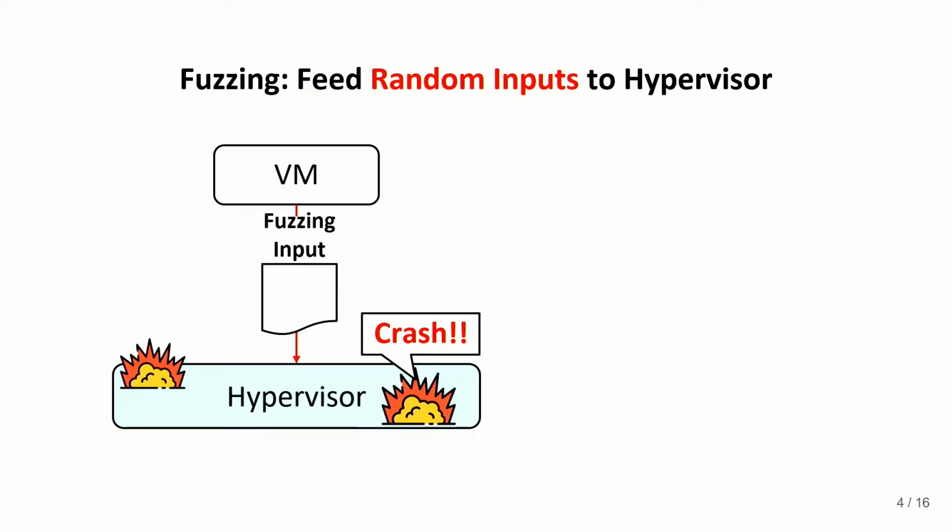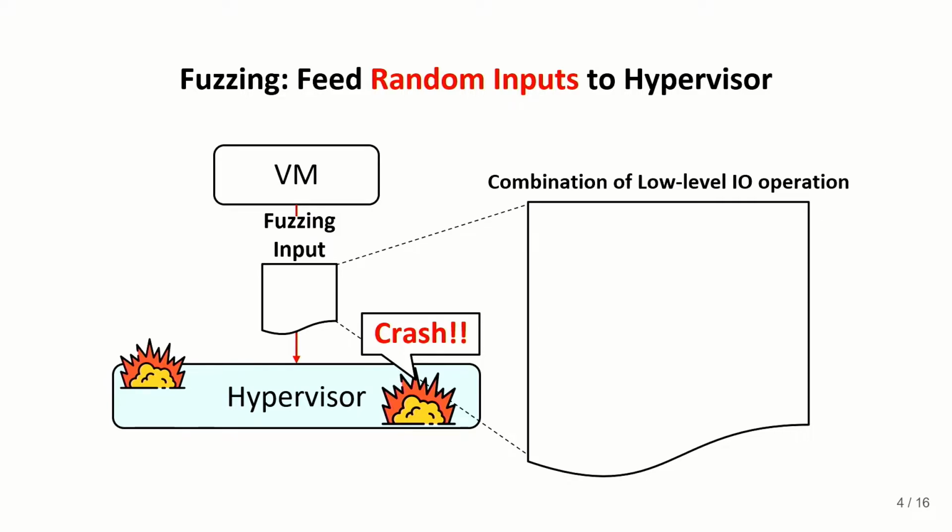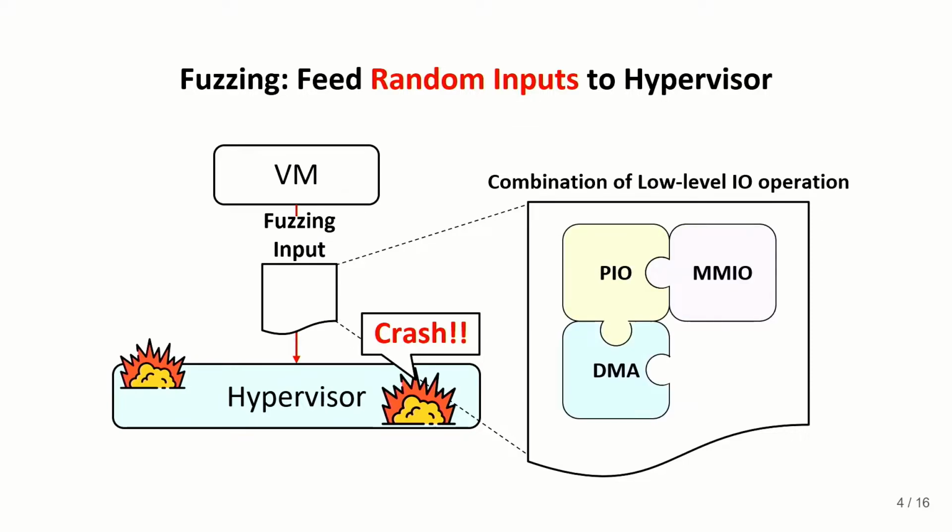Hypervisor fuzzing would be similar, but the key point is that the input would be provided by the virtual machine. Moreover, yet another important difference is that these inputs are low-level I/O operations using various I/O interfaces, such as PIO, MMIO, DMA, and so on.